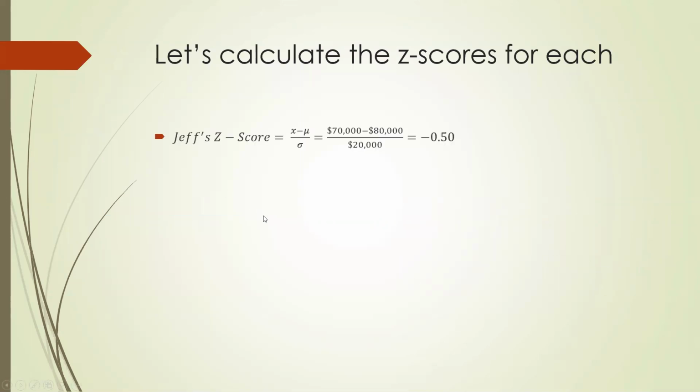You can see Jeff's z-score. Jeff was making $70,000 a year. The mean in New York City was 80,000. Standard deviation was 20,000. This is how you get a unitless number. 70,000 minus 80,000 is minus $10,000 per year, divided by $20,000 per year. Dollars and dollars cancel out, so there's no unit there. 10,000 divided by 20,000 gets you minus 0.5.